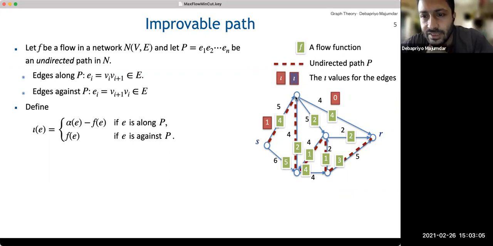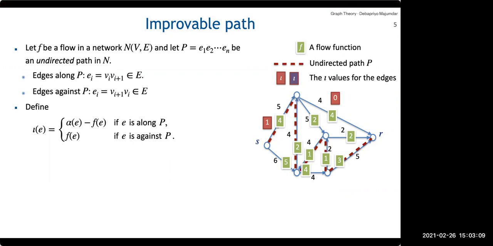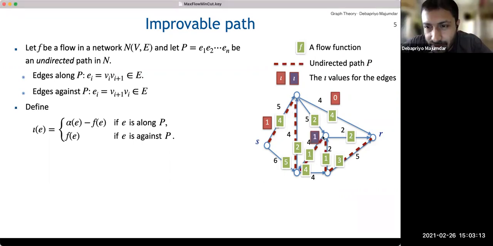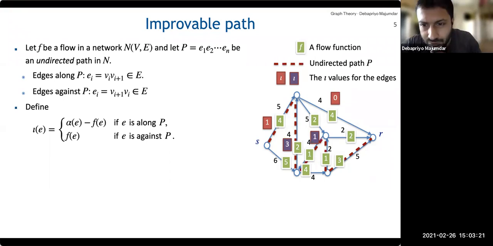What will it be for this edge? 2. Sorry, I did this one first. This one is also against the path, so this is 1. No, it should be 2. I'm sorry, let me just correct.